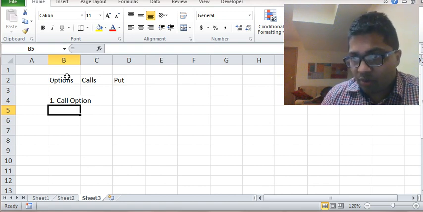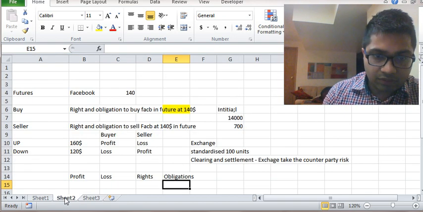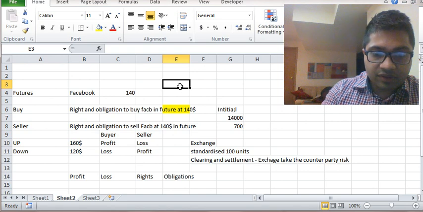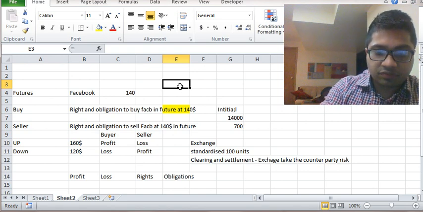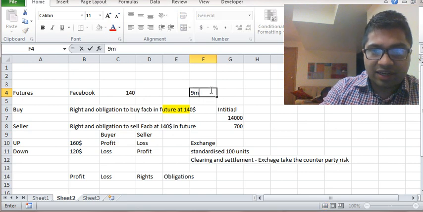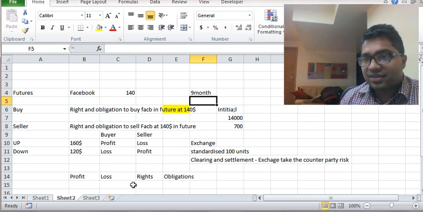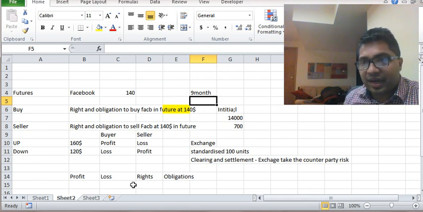If he is not in profit, he will not execute the trade. Before I forget, futures are traded up to 9 months. So whenever you are trading on exchange, you can trade up to 9 months in future. So you can buy and sell some stock, or you can even buy and sell some index 9 months in future.